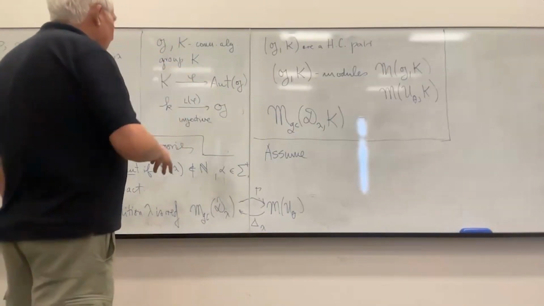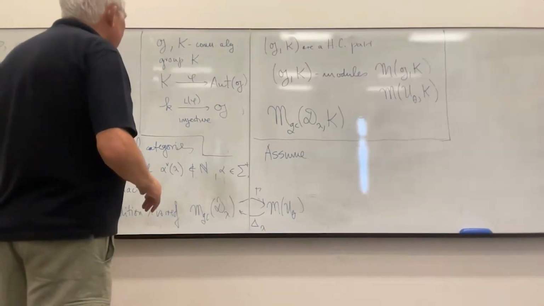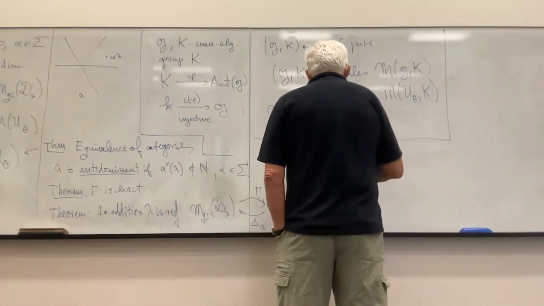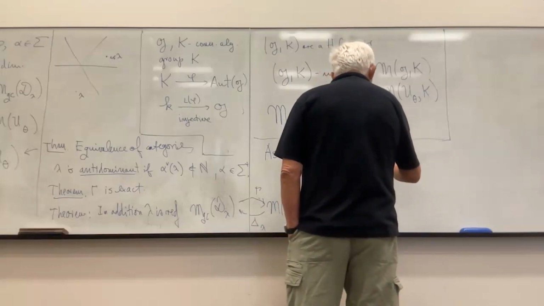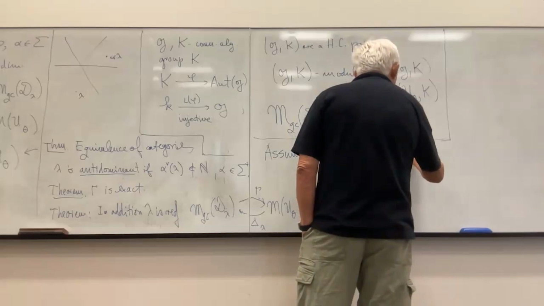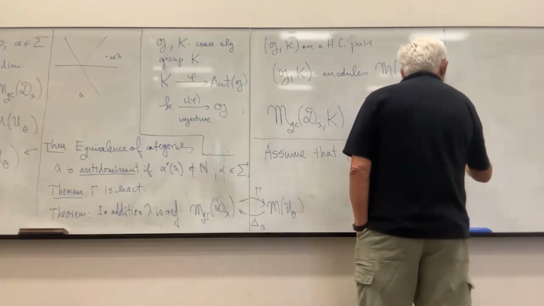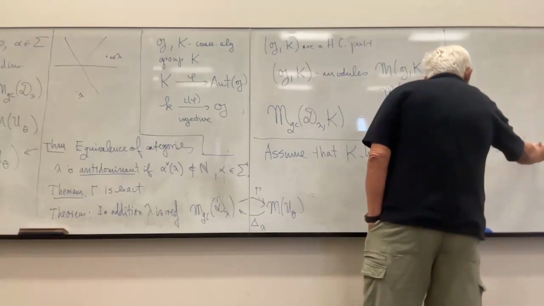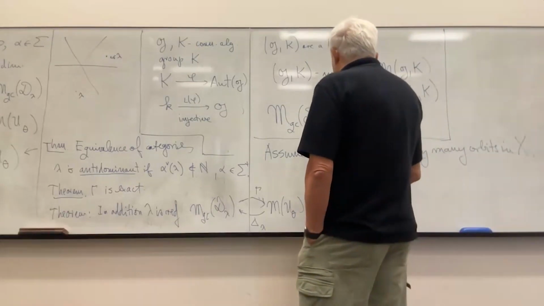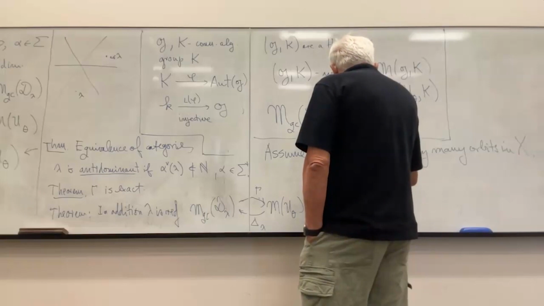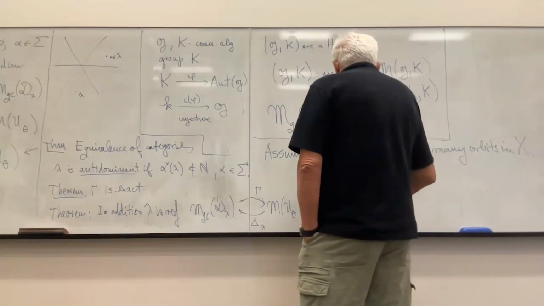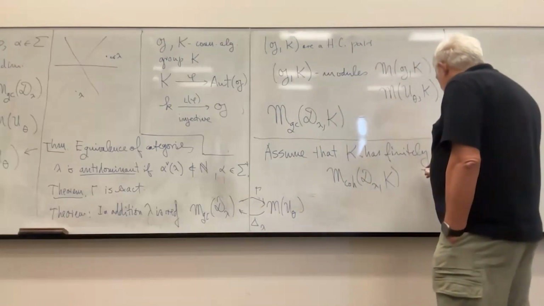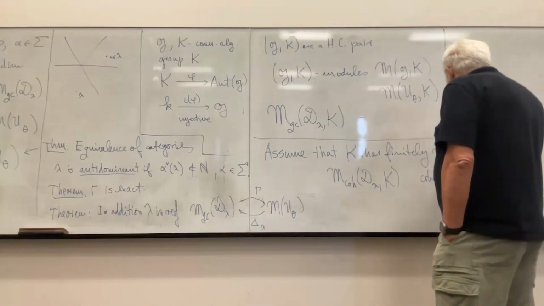K moves around the Borel subalgebras in g, and assume that K has finitely many orbits in X. And consider the subcategory of MQC D lambda K, which are coherent D lambda modules.